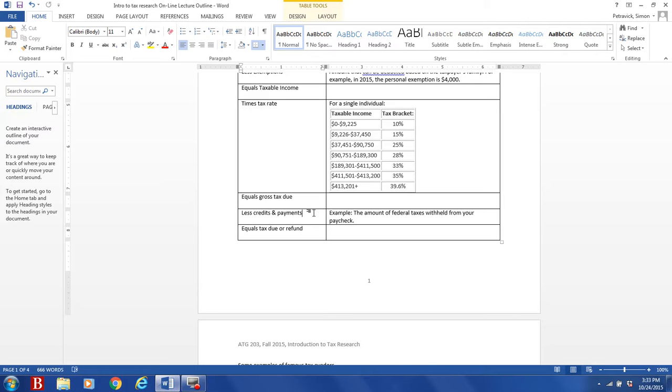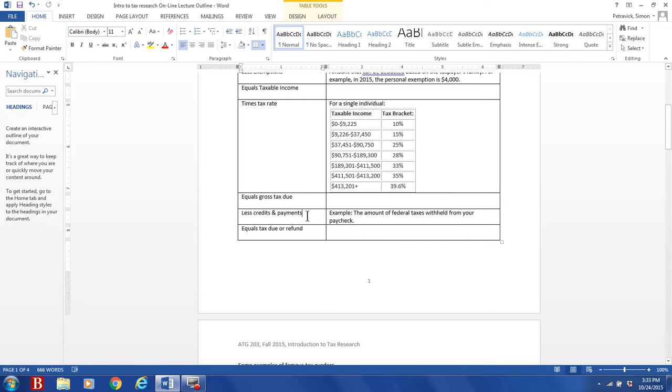For people with a lot of outside income, where the deductions on their paychecks don't cover the amount of tax that's due, they have to make separate payments to the government. If the payments you made exceed the taxes you're due, you're going to get a refund.